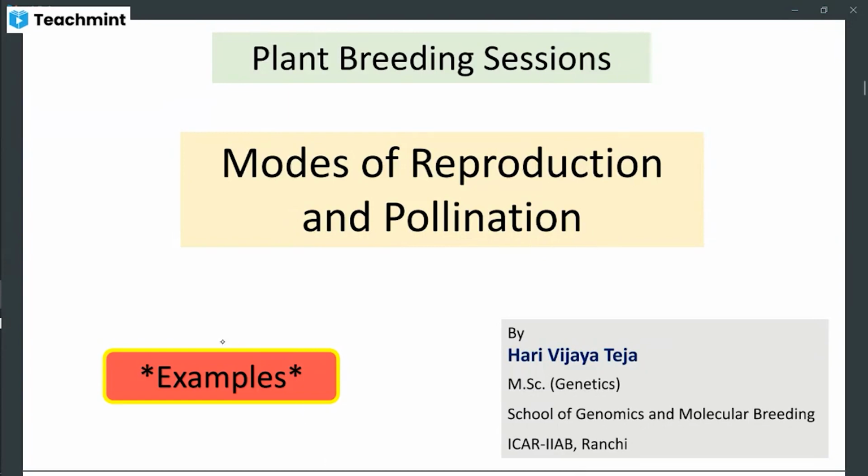Never forget these scientific names, because after the pattern of these ICAR PG examinations changed, most of the questions are simple, but the crop names are given as scientific names. So you need to memorize the examples along with their scientific names. This is the most important thing in this chapter.